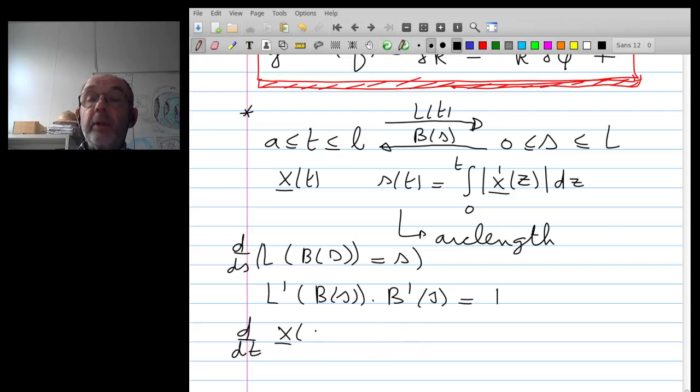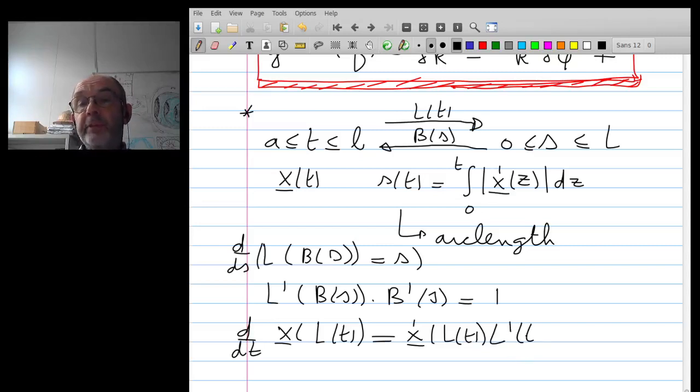Then we can do the L of t, and that becomes the velocity vector, the tangent vector along the curve, times the derivative of L, L accent of t.